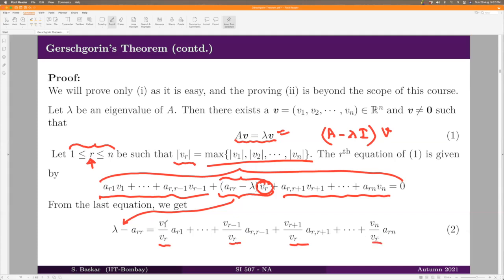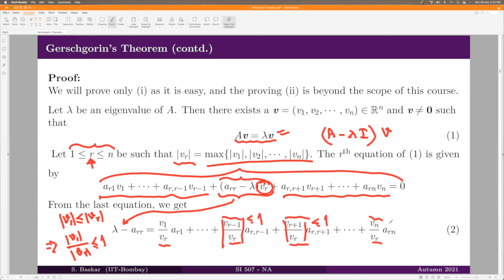And now you see |V_1| is always less than or equal to |V_r|. That implies |V_1|/|V_r| is less than or equal to 1, and similarly all these terms in modulus are less than or equal to 1.